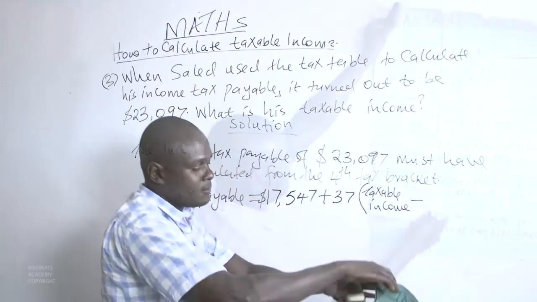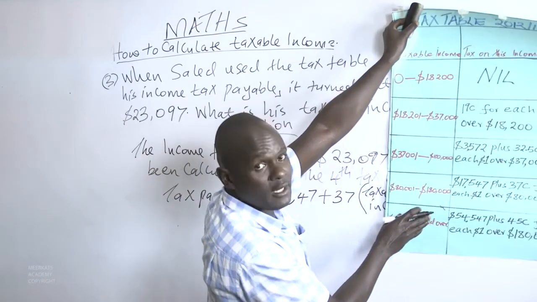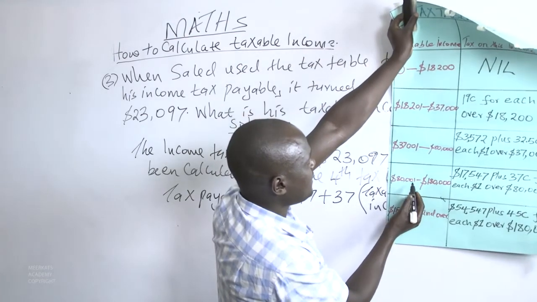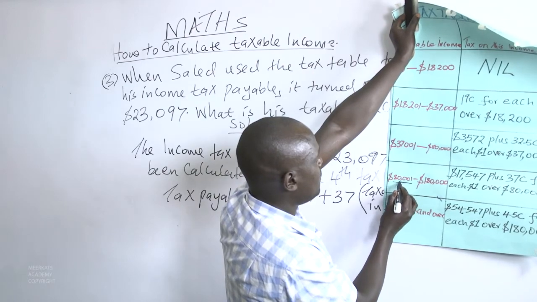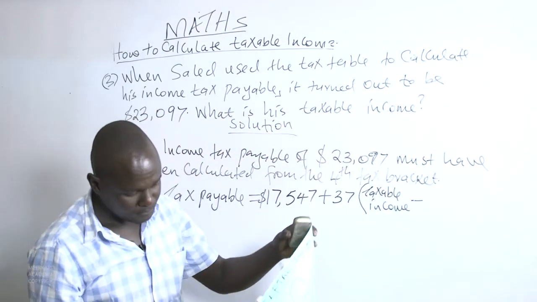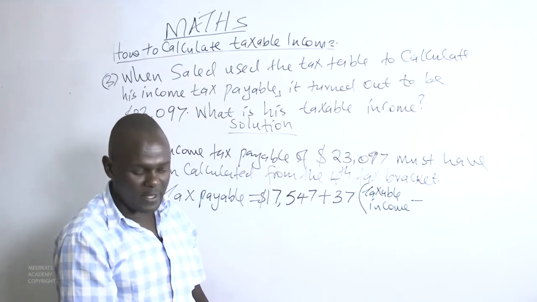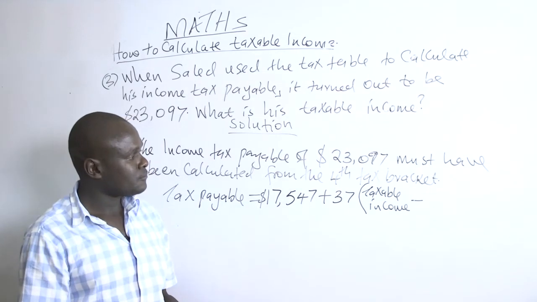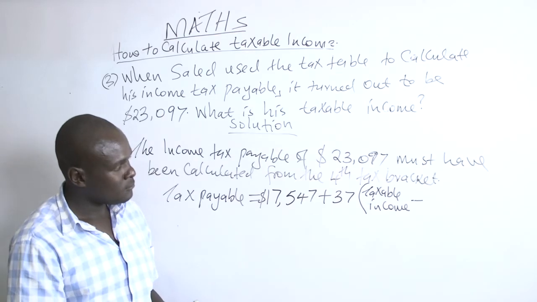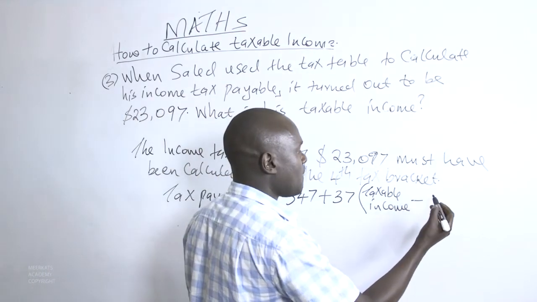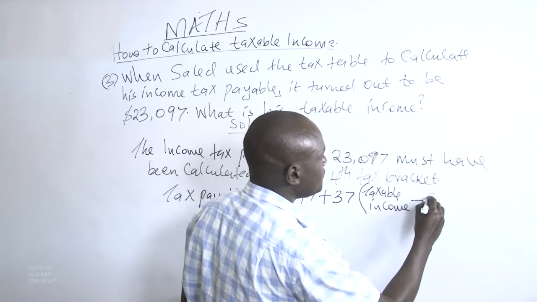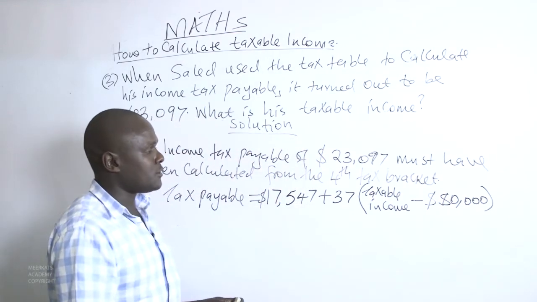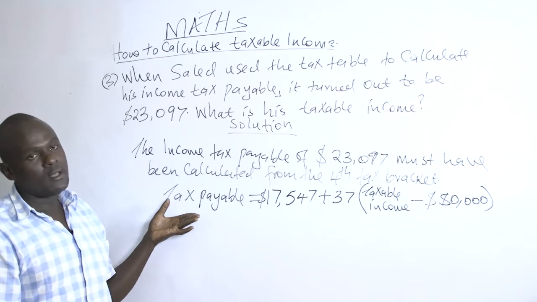As we have done in the other examples, we take the taxable income minus this ceiling here, $80,000, because anything earned above that will attract a tax of 37 cents for every dollar. So this will be taxable income minus $80,000.